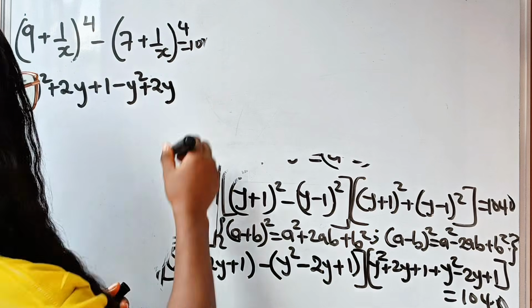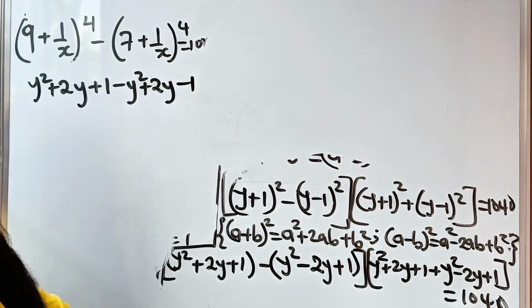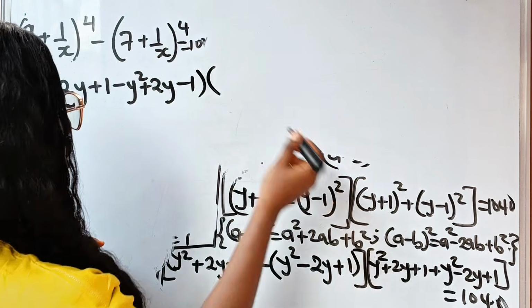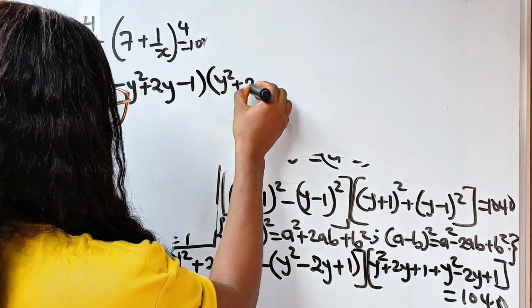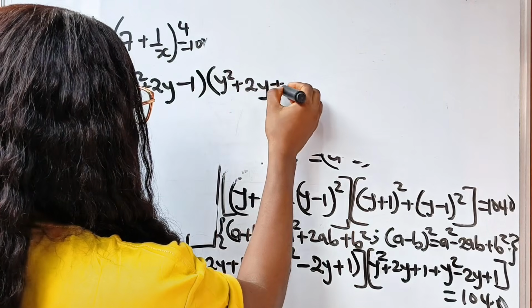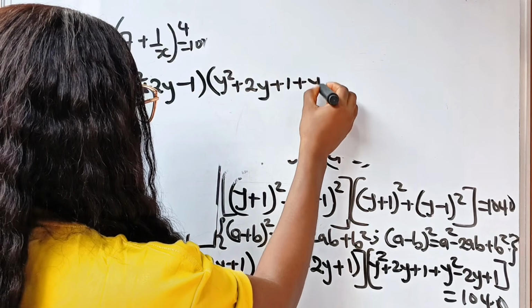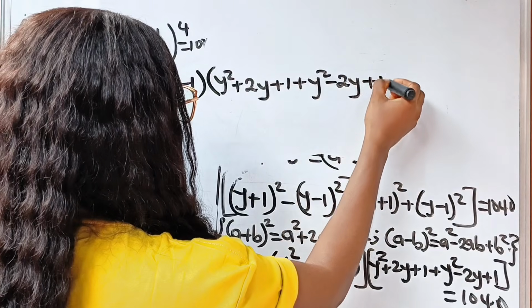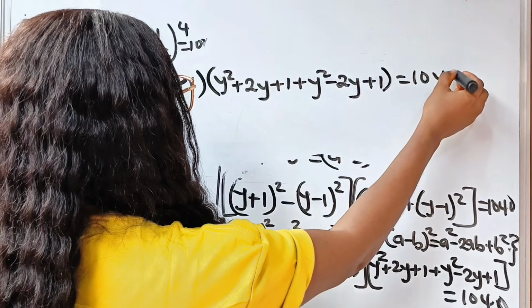Minus times 1 becomes minus 1, okay? But here we don't have any brackets, so multiplied by y squared plus 2y plus 1 plus y squared minus 2y plus 1 is equal to 1040.